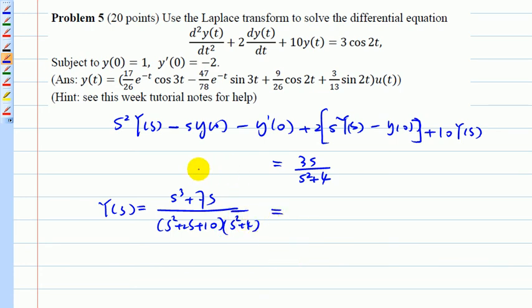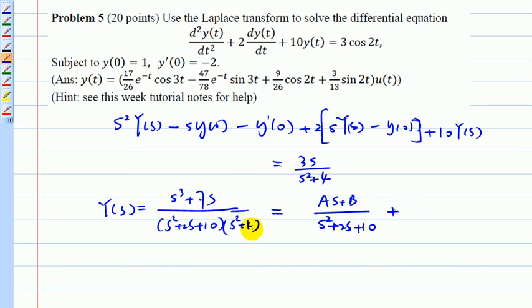From here, partial fractions, expansion and decomposition. Because there's this second order term which has complex roots, you should be able to expand it like this.